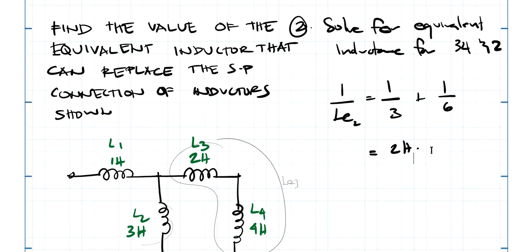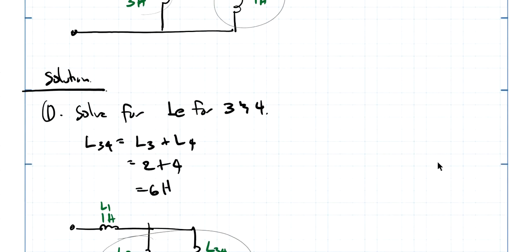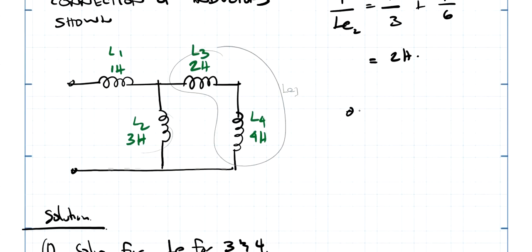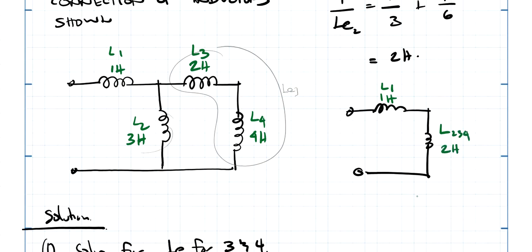Okay, so now we have a series connection. If we draw this, L1 is 1 henry, and L2,3,4 is 2 henries.